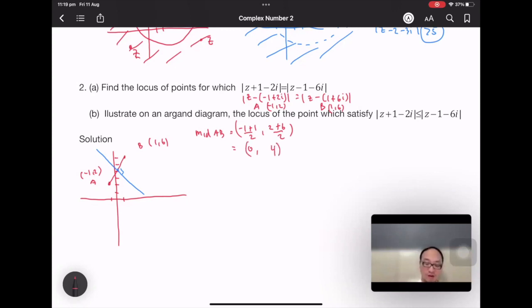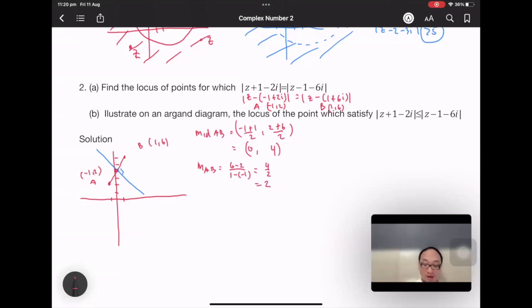So the midpoint will be 0, 4. So it's around here. And then the gradient of AB will be 6 minus 2 over 1 minus negative 1, so equals 4 over 2 equals 2.